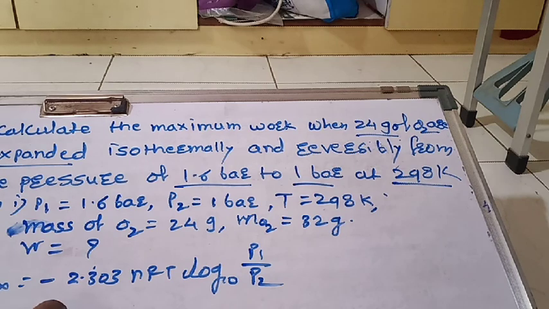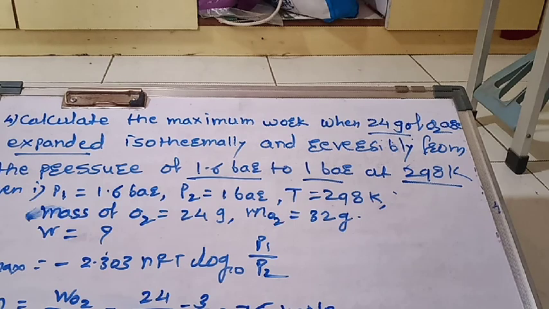So n is equal to W of O2 upon M of O2. So this is equal to 24 upon 32. So you will get 3 by 4. So it is 0.75 mole.